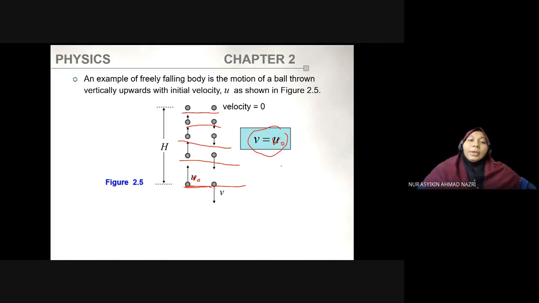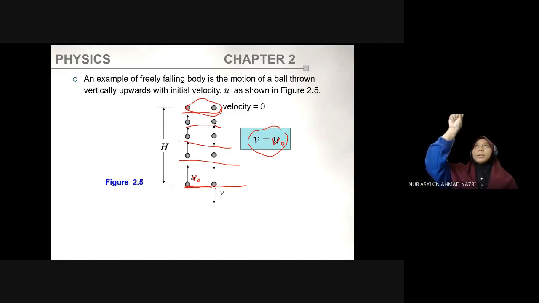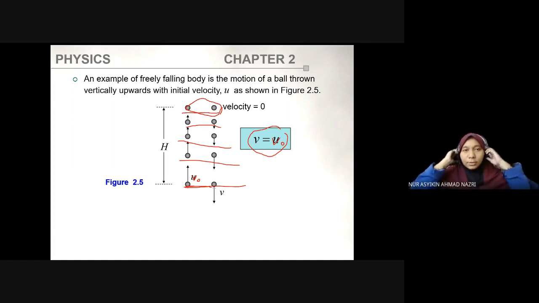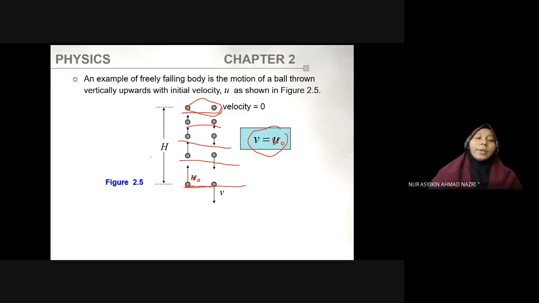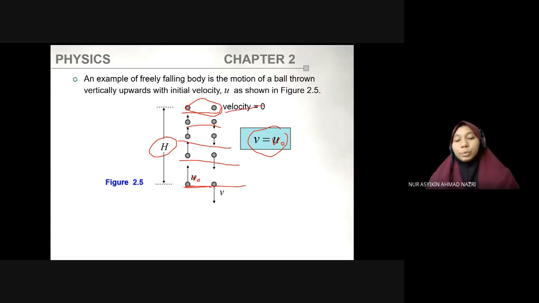And here, at the top level, what does it tell us? The velocity becomes static. When we throw the ball, at the maximum height, it is actually momentarily static, then it goes down. So the velocity at the maximum point, which we label as H, is equal to 0.